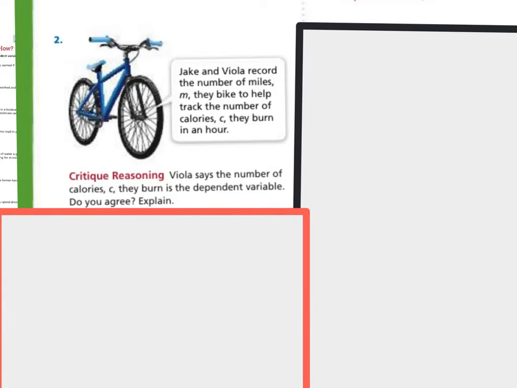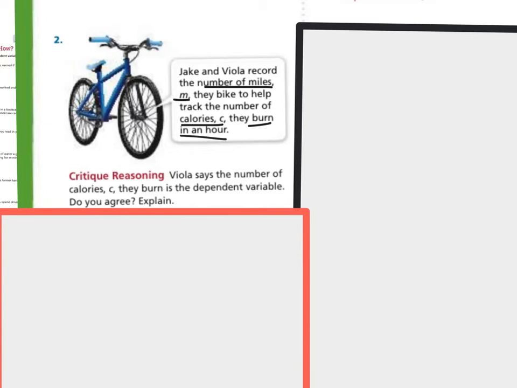If we think about this, we've got the number of miles M that we're biking and the calories that they're burning. What I usually like to do is think about it both ways. Does this depend on this or does that depend on the other one?